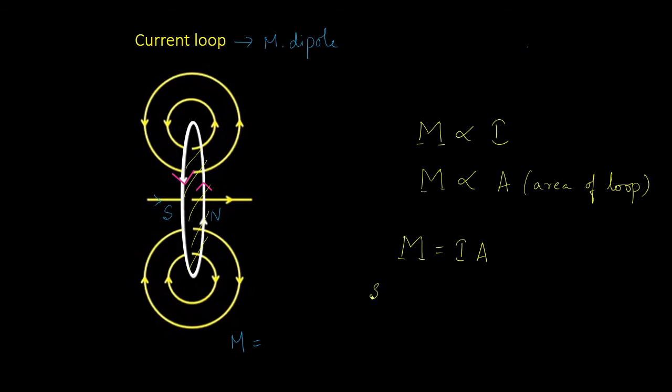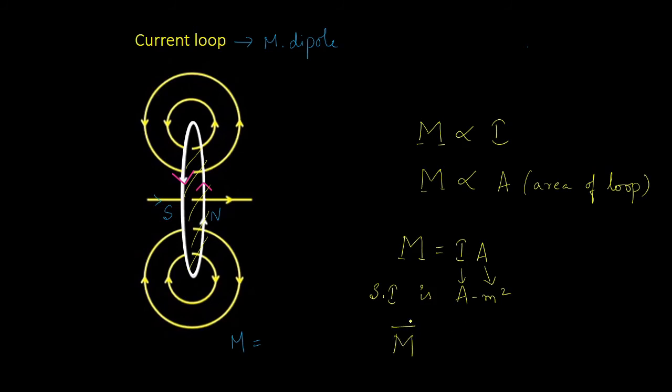So the SI unit of the magnetic dipole moment will be: the SI unit of current is ampere, the SI unit of area is meter square, so it is going to become ampere meter square. And because I am talking about dipole moment, it is a vector quantity.